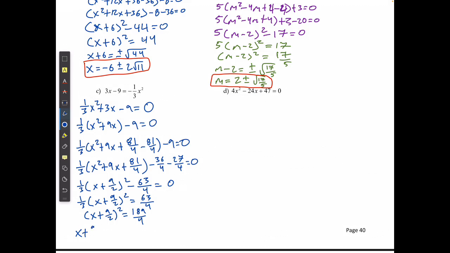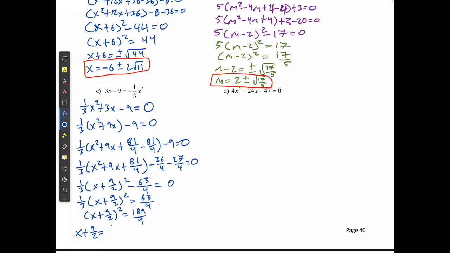X plus 9 over 2 is equal to the positive or negative square root of 189 over 4. Well, I can simplify this one by just taking the square root of the top and the square root of the bottom separately.